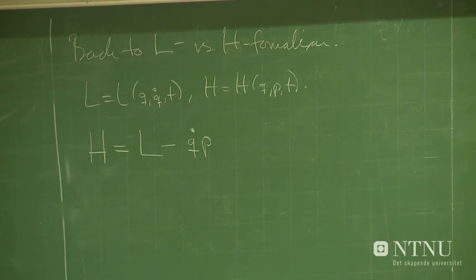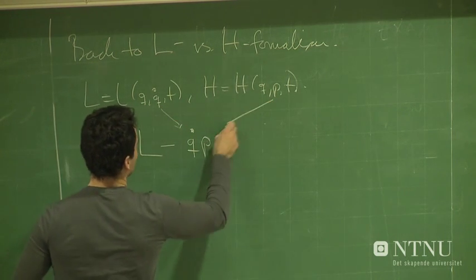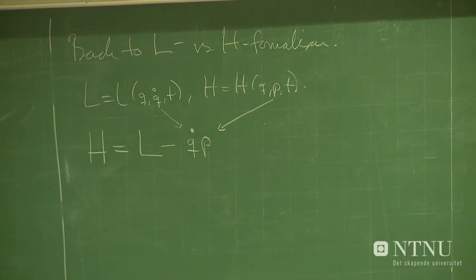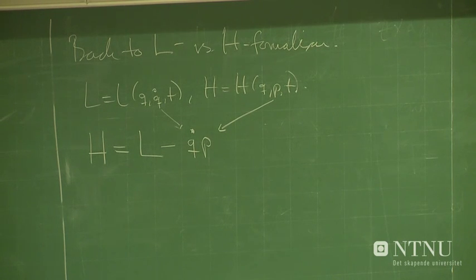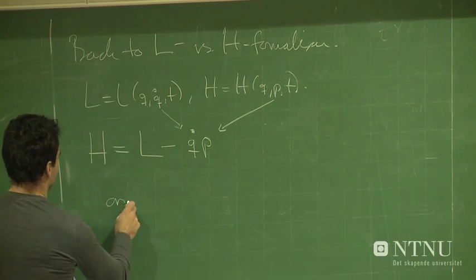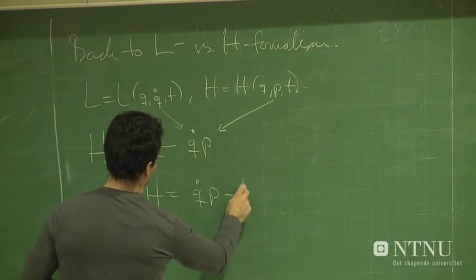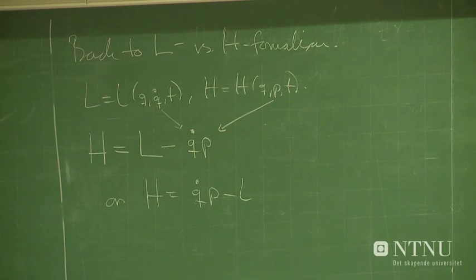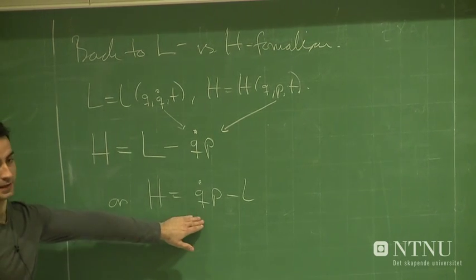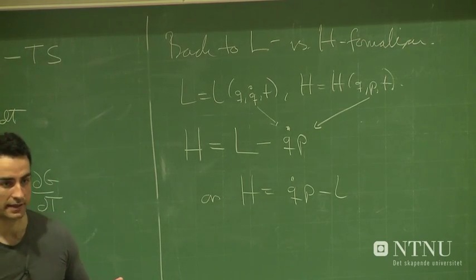The original function minus the product of the two variables you want to interchange. Alternatively, I can write it like this. And this is the convention. It's just an overall minus sign, so the procedure is still the same.